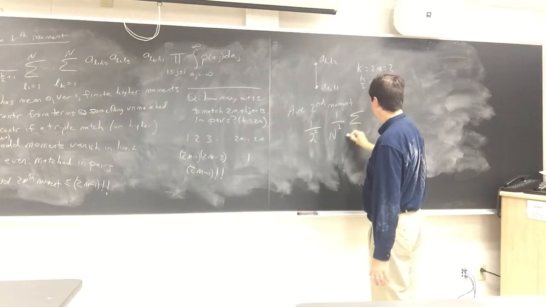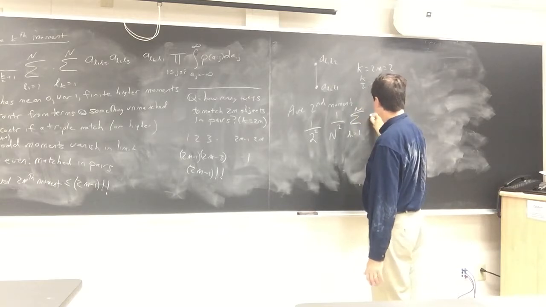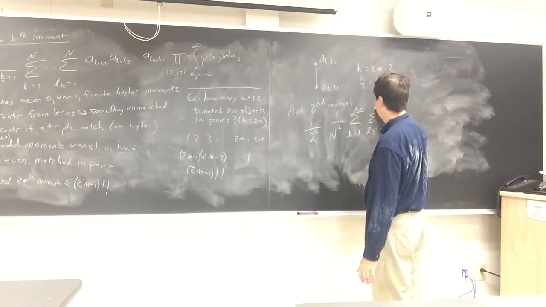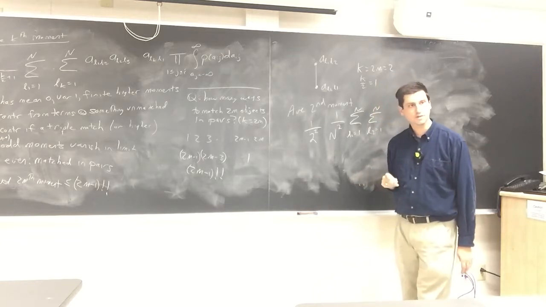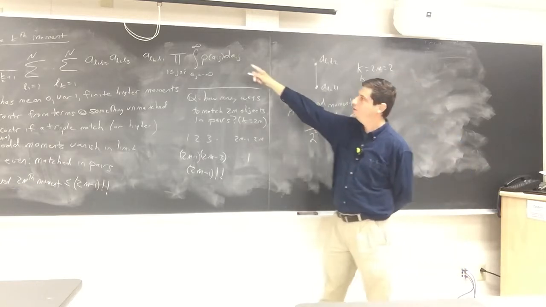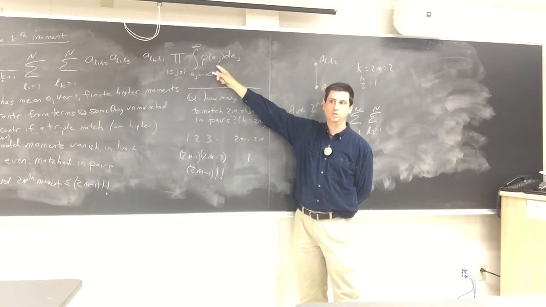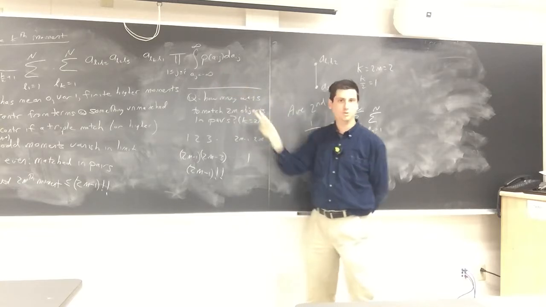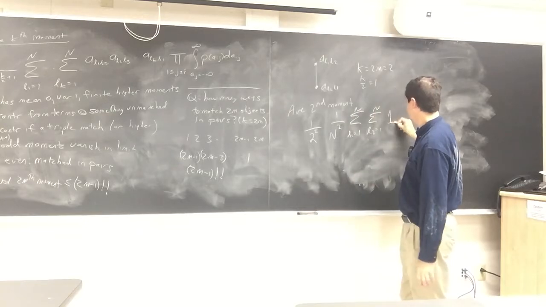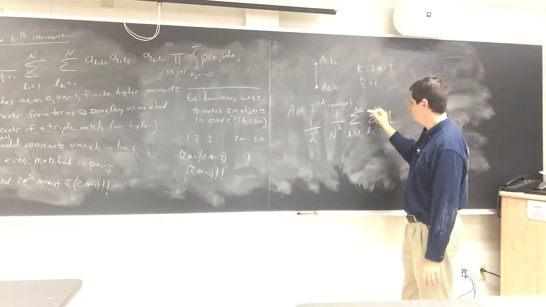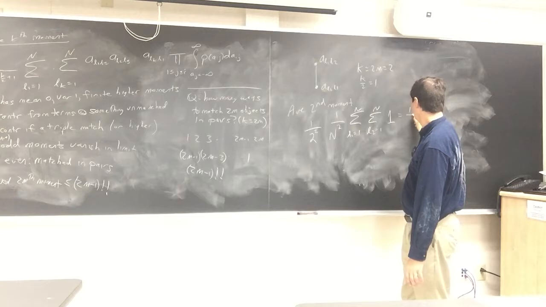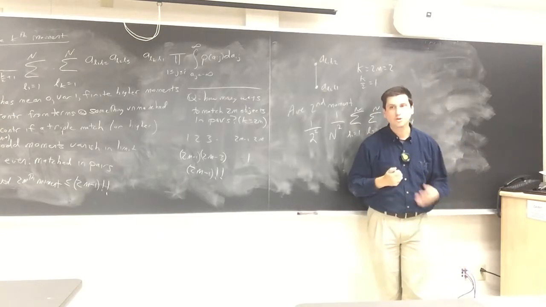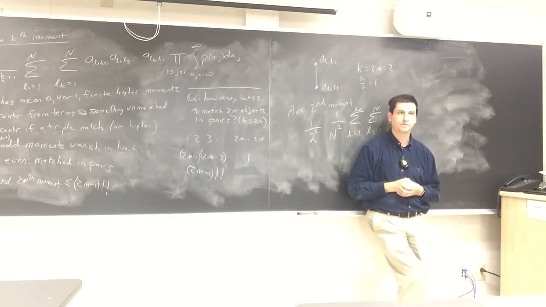Then we have a sum, L1 goes from 1 to n, a sum, L2 goes from 1 to n. And each one of these is going to contribute 1 when I have A L1, L2 squared. And all the other ones will just be integrals of my probability density, which will be 1. So I have n squared divided by n squared, so I get 1/4. So we now know the average second moment is 1/4.